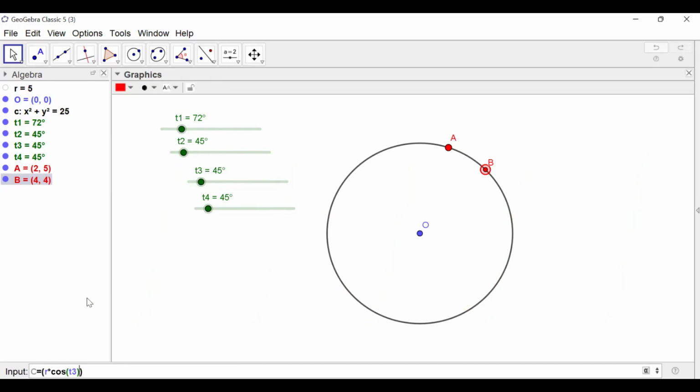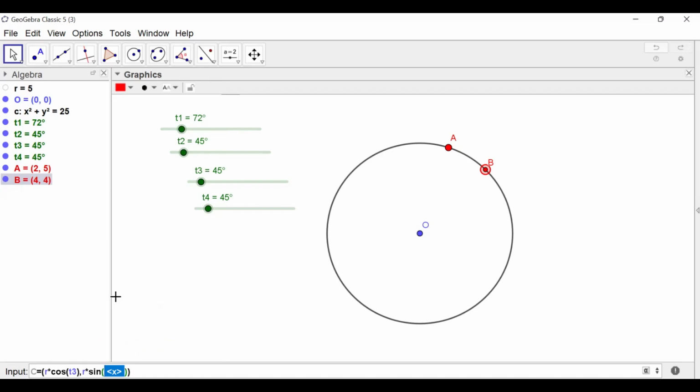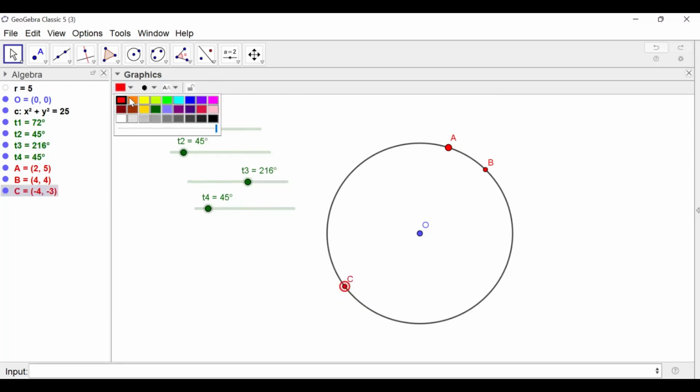Comma, we take R, we multiply by sine T3. Okay, that defines the third one. So let's shift it. Oh, beautiful. So let's make it colorful. So we can see that point.